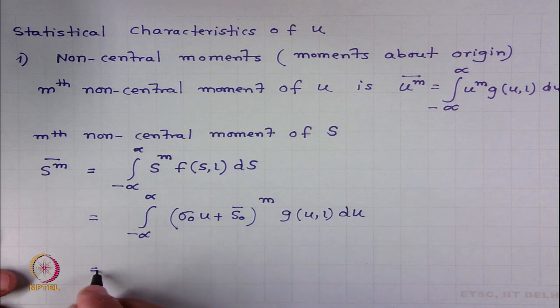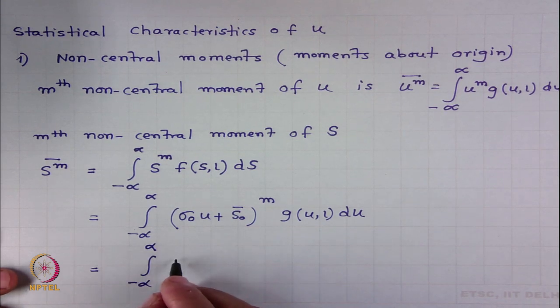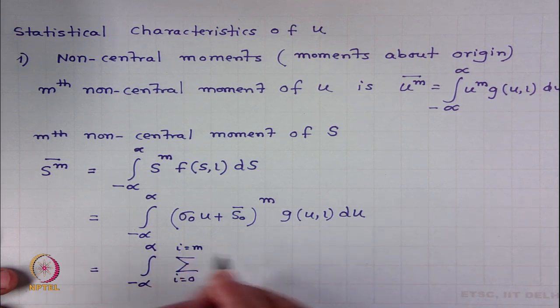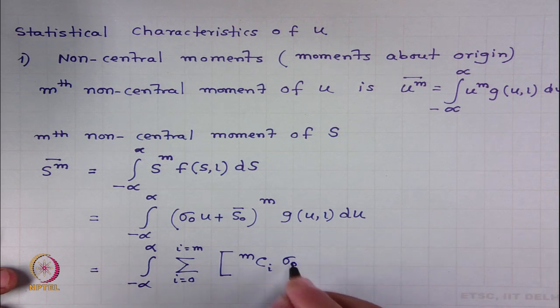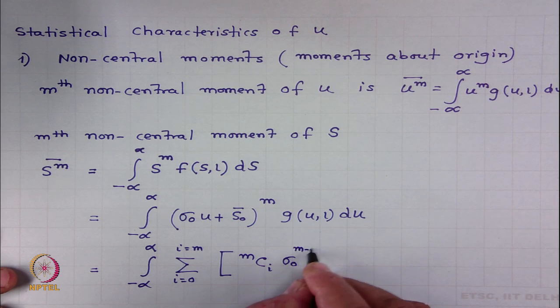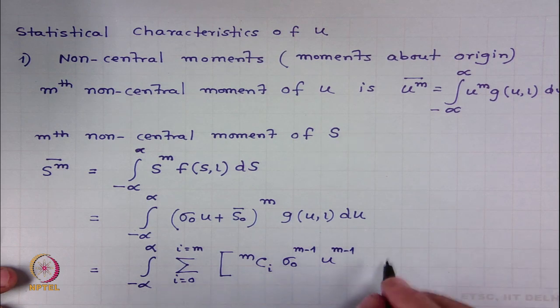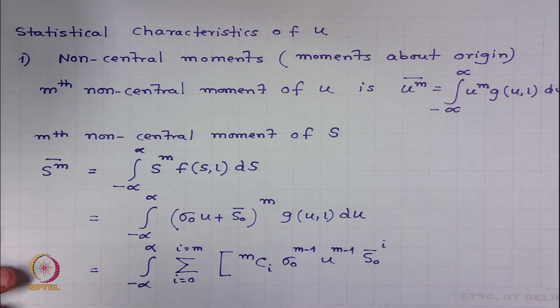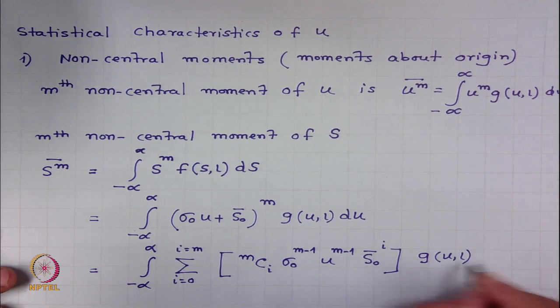So, this can be further written as the sum from i equal to 0 to m of m C i sigma naught to the power m minus i, u to the power m minus i, s to the power i, right, into g_u(L) du.